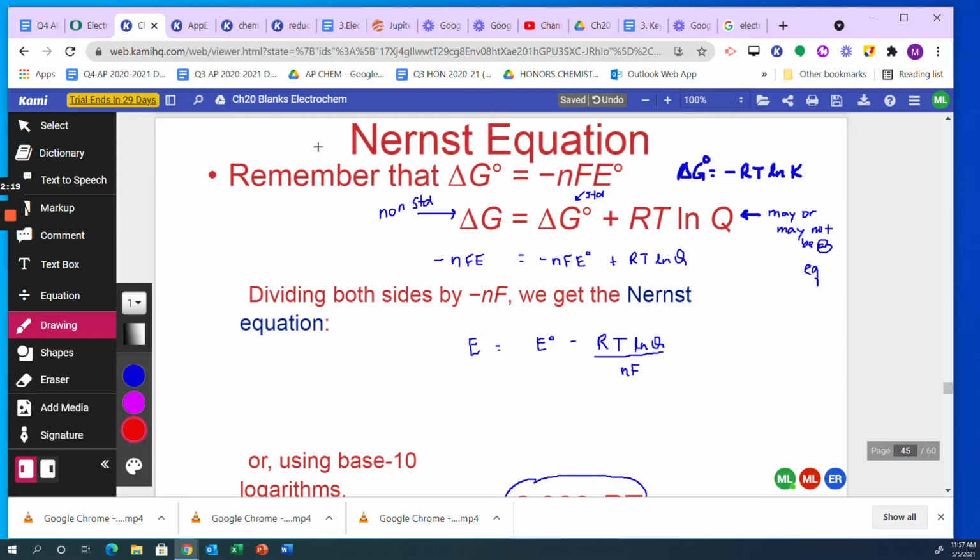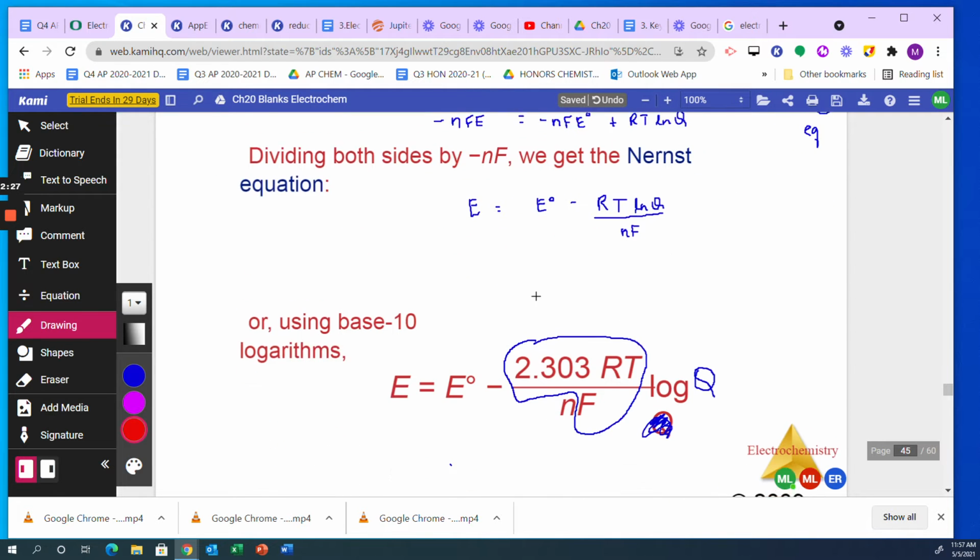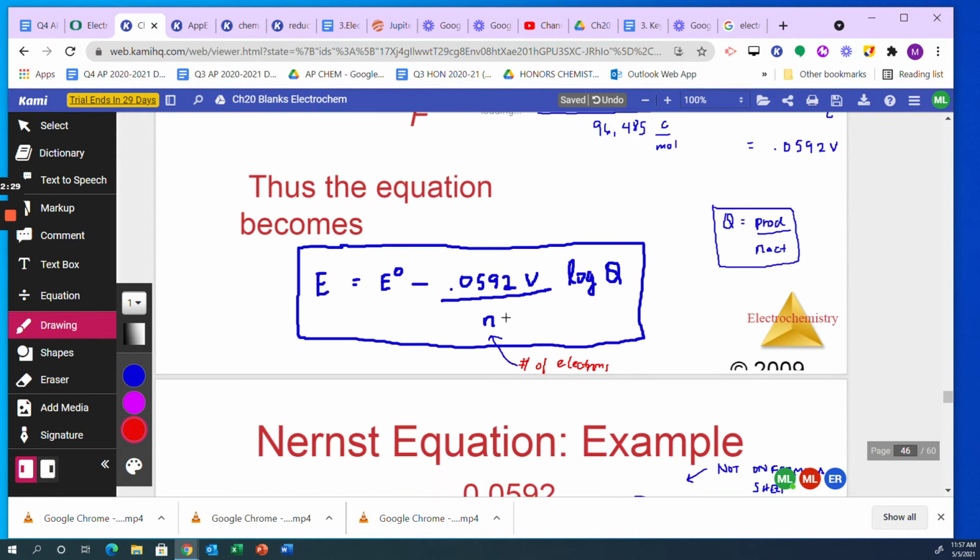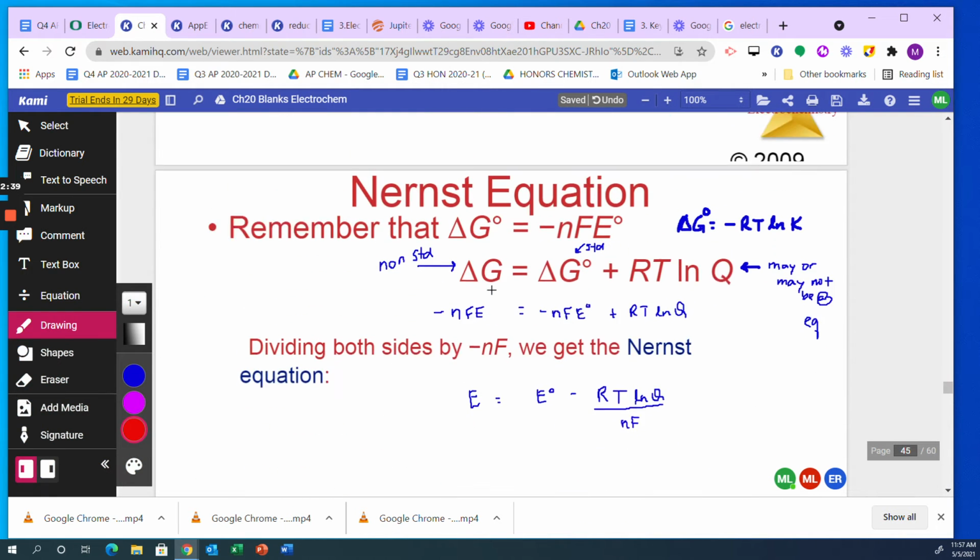What I'm going to do right now is derive the Nernst equation for you so you know where it came from. You don't have to know this part of the lesson. The final Nernst equation is way down here, and this is all you really need to know. But maybe you're just wondering, where did the number 0.0592 come from? That's what I'm going to show you.